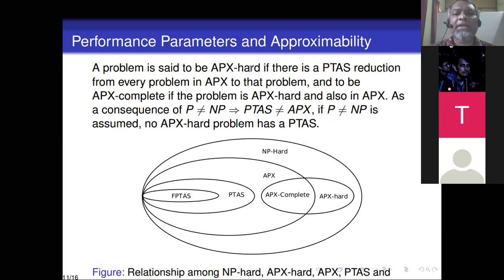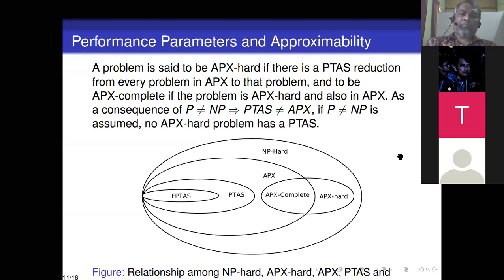And a problem is APX complete if it is APX hard and also in APX. As a consequence, P not equal to NP implies PTAS not equal to APX. If P not equal to NP is assumed, no APX hard problem has a PTAS.